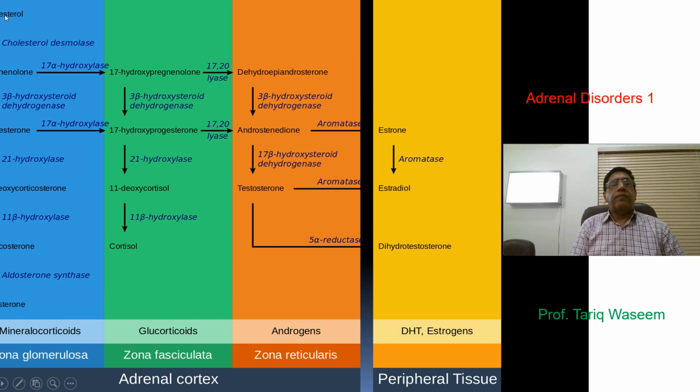In the mineralocorticoid producing area, cholesterol is acted upon by cholesterol desmolase, and this derives into pregnenolone. This undergoes dehydrogenation by 3 beta hydroxysteroid dehydrogenase and produces progesterone. Then 21 hydroxylase produces 11 deoxycorticosterone, then 11 hydroxylase produces corticosterone, and finally aldosterone synthase makes it aldosterone.